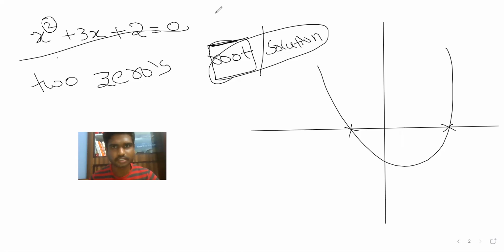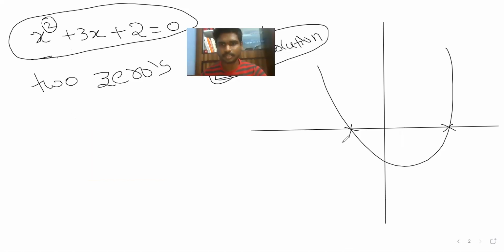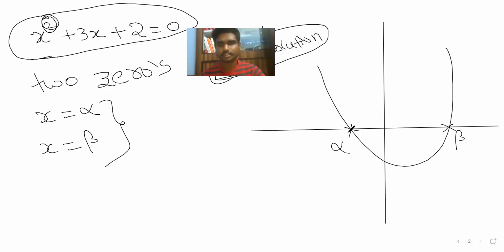So this is the equation we got, and in this equation there are two zeros. One zero will be alpha, the other will be beta. That means x equals alpha and x equals beta. Since the power is 2, we have two roots, and the two roots can be distinct or equal.